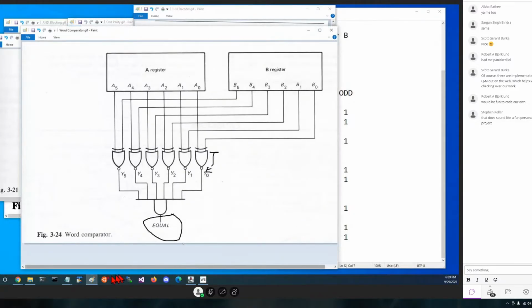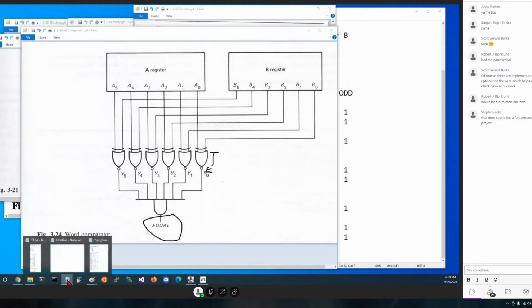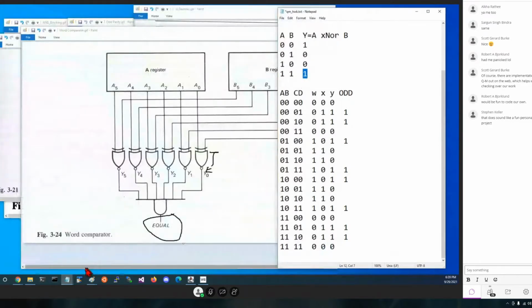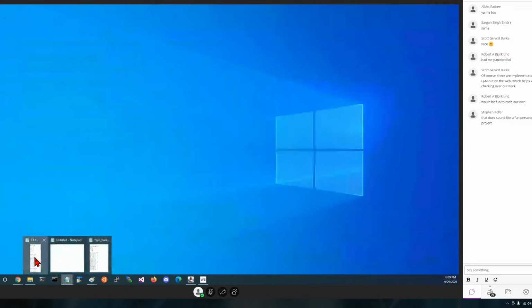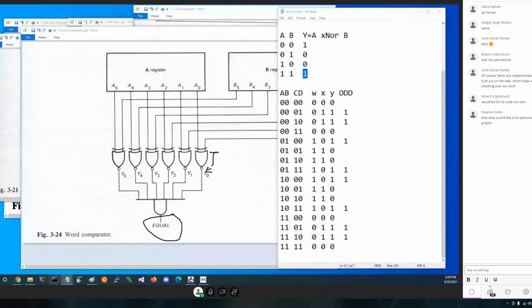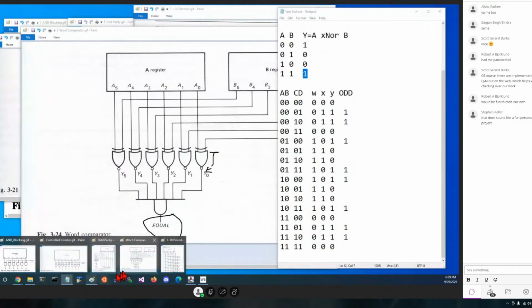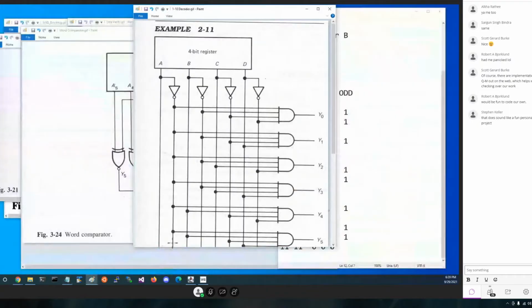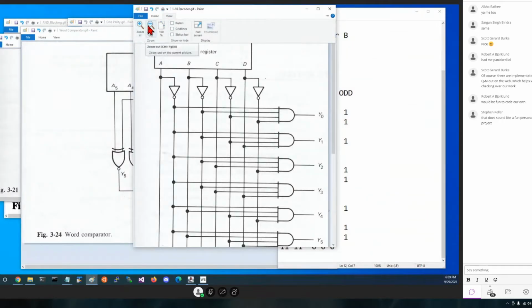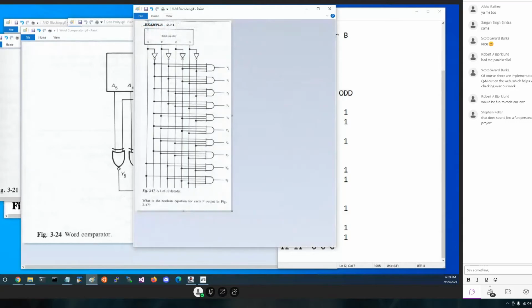Oops, I've lost it. Oops, that's not it. Is that it? No. Oh, you know where it is? It's over here. It's probably good enough if you can see the detail. I'll zoom in a second.